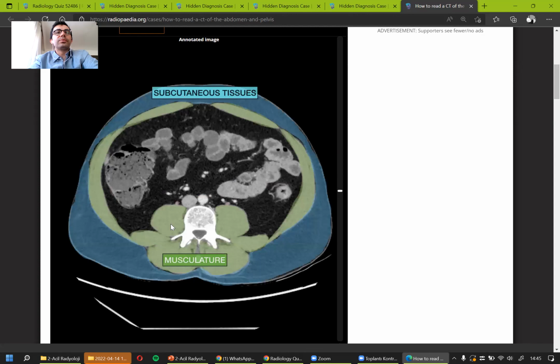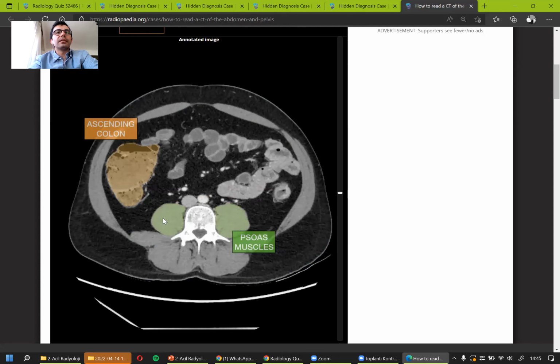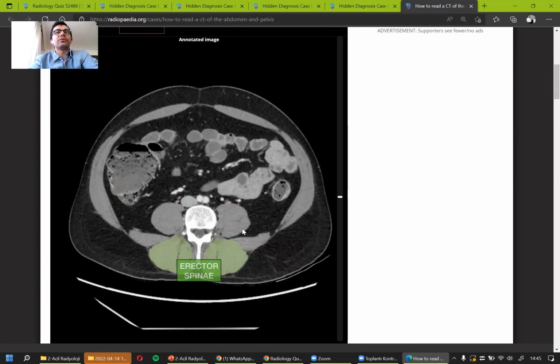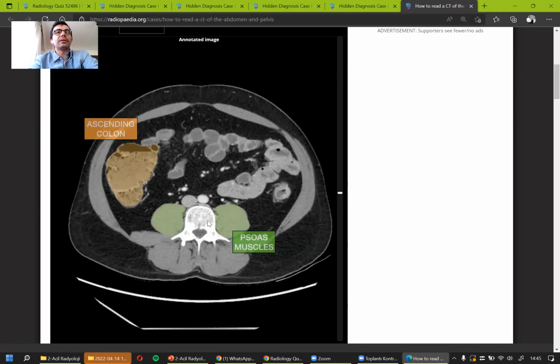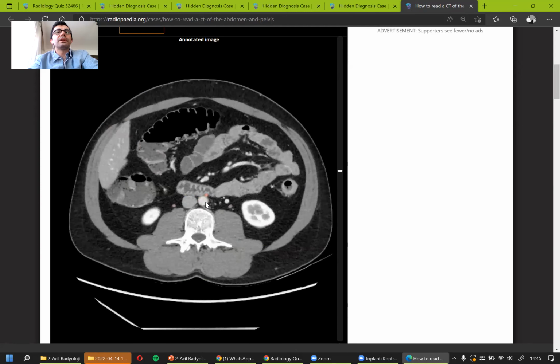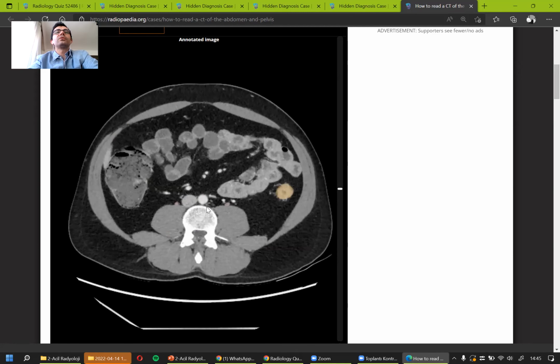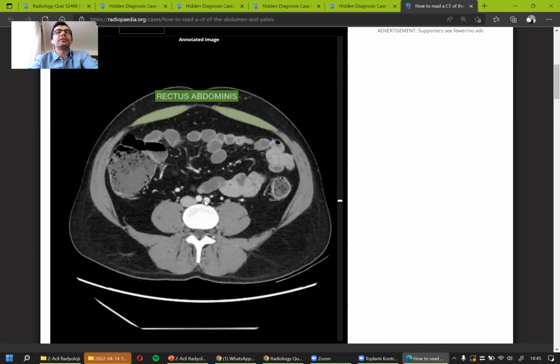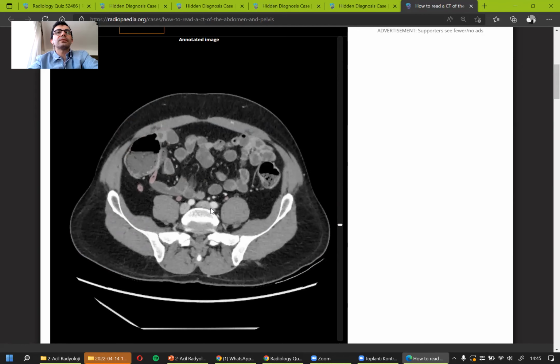I'm seeing the psoas muscle, which is lining on the right side of the vertebra. I'm following the aorta. When I follow the aorta all the way down, it divides into two iliac vessels, right?